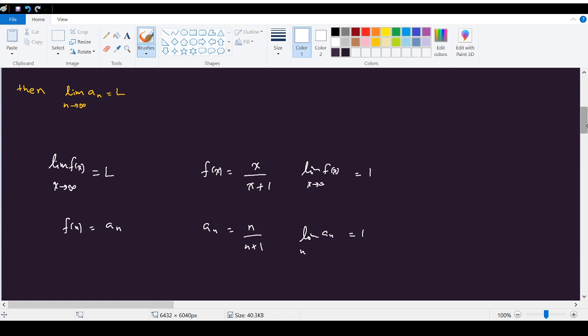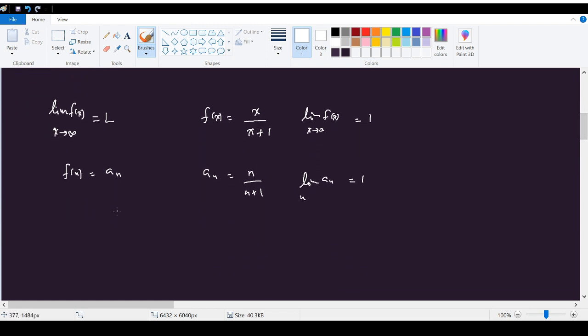Let's do another example that goes with the above theorem. What if we need to find the convergence of this sequence? When I write a certain term, you should properly identify whether it is a sequence or a general function. If I mention the terms with n, that means it is a sequence.